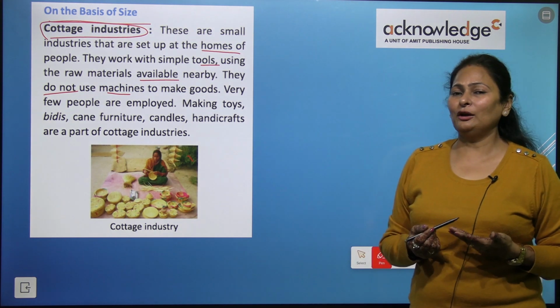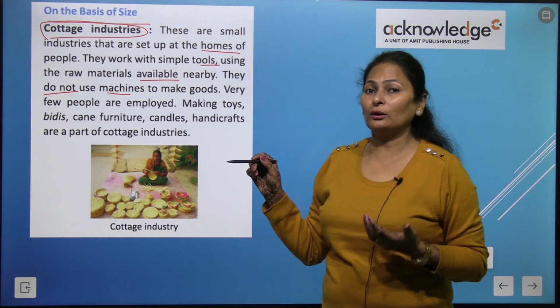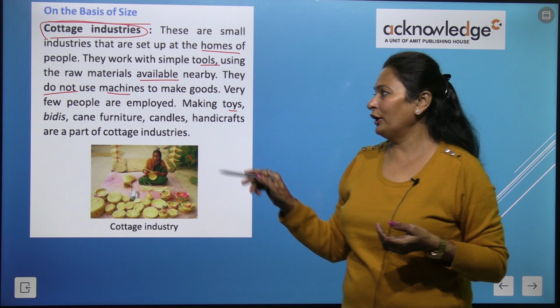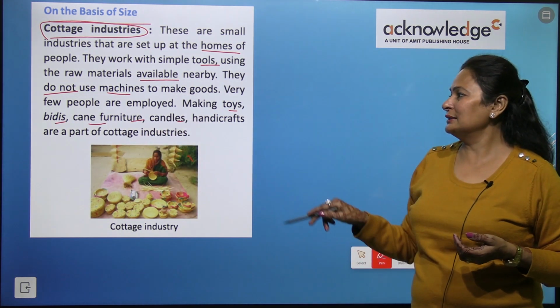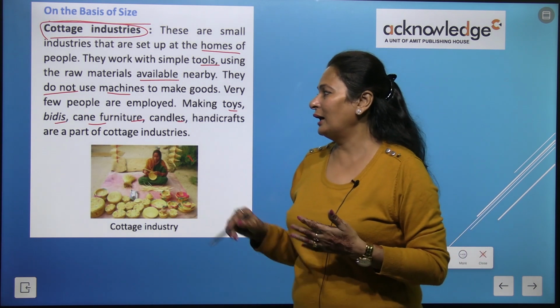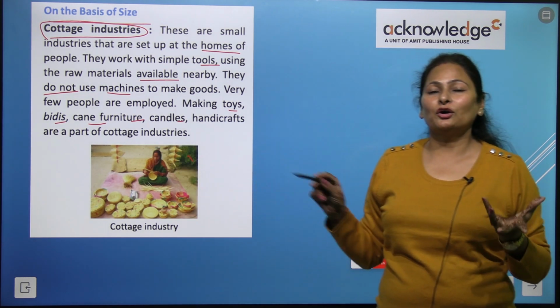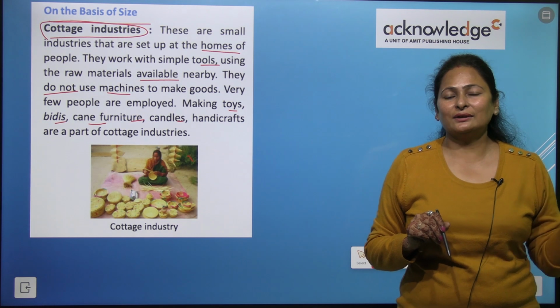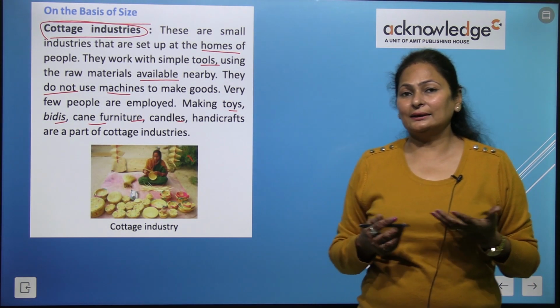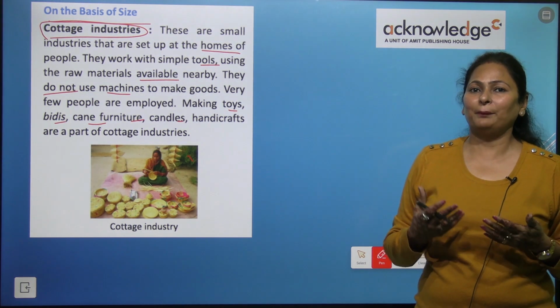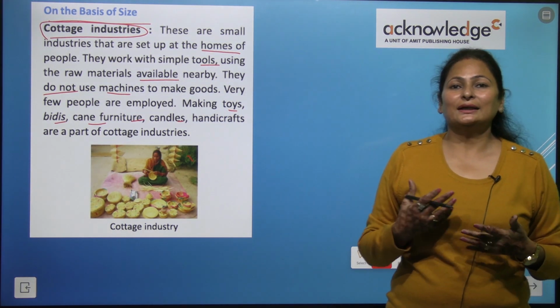Examples of cottage industry are toys, biddies, cane furniture, candles, handicrafts. Pottery, clay products like diyas, candles, right? These are made in the cottage industry.